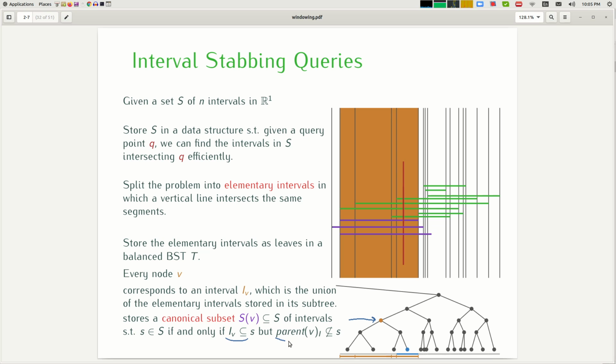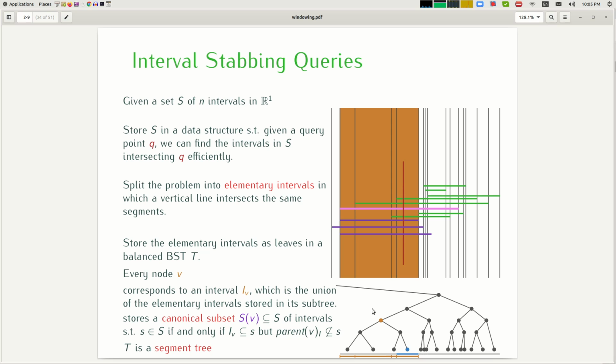So I want to have these two conditions. For example, if this is the region of this node V, and the region of the parent is this big, you'll see that none of these purple intervals span the parent of this node V. They only span the range of V. Therefore they are stored at the node V. That's one example, and that essentially defines a segment tree.